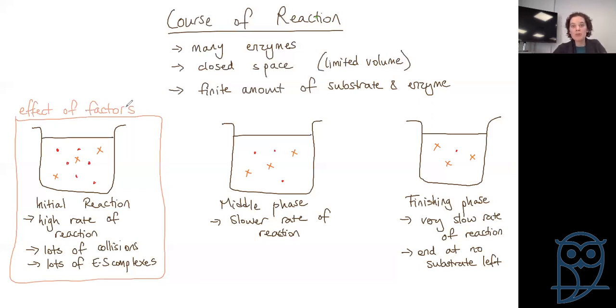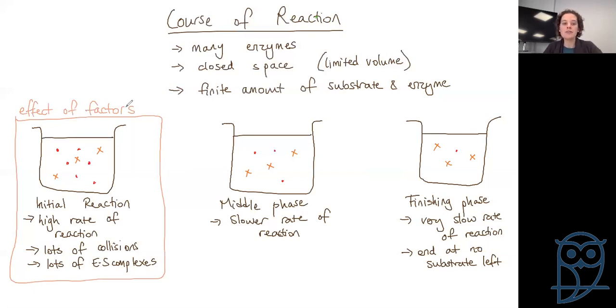Does it happen super fast, or does it happen fast, or does it happen not so fast because we've fried all our enzymes by boiling them? So the course of a reaction, yes, we study it and we understand it in full. But when we're looking at different factors affecting the reaction, then we're looking at the initial rate of reaction only.